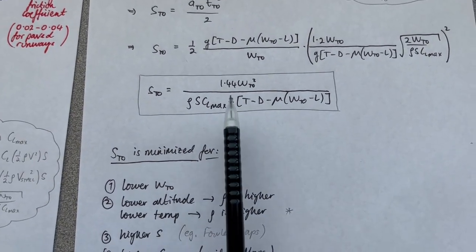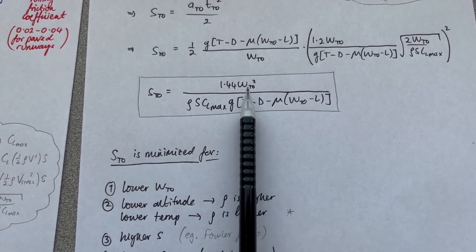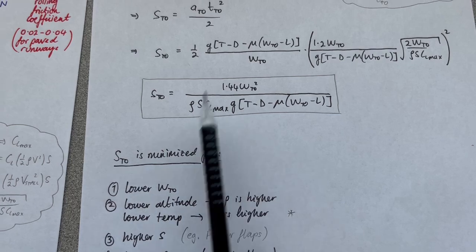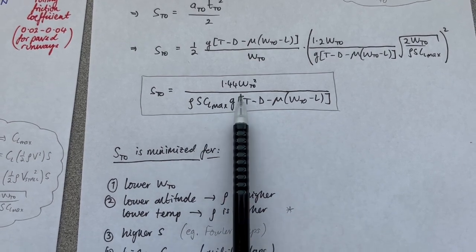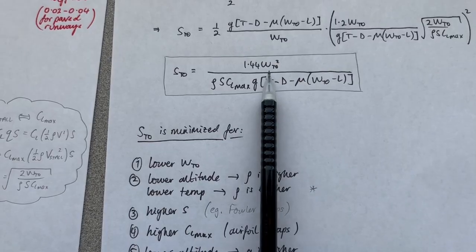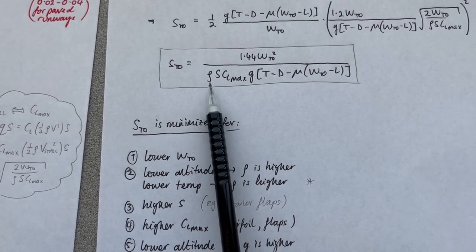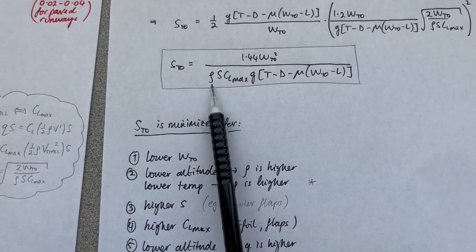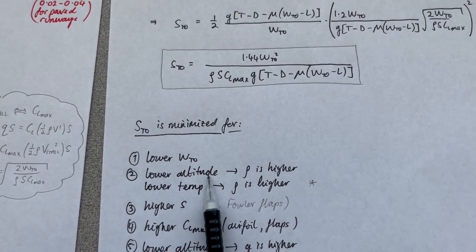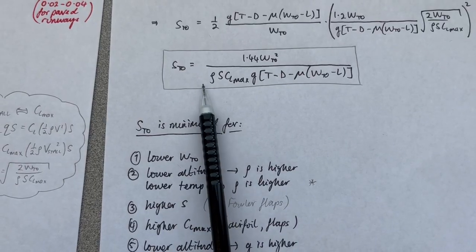So this expression is minimized, obviously, by minimizing the terms in the numerator and maximizing the terms in the denominator. So takeoff distance is minimized for lower takeoff weights, obviously. Then maximizing air density, so that will occur at low altitude, and lower temperatures will also yield a higher air density as well.